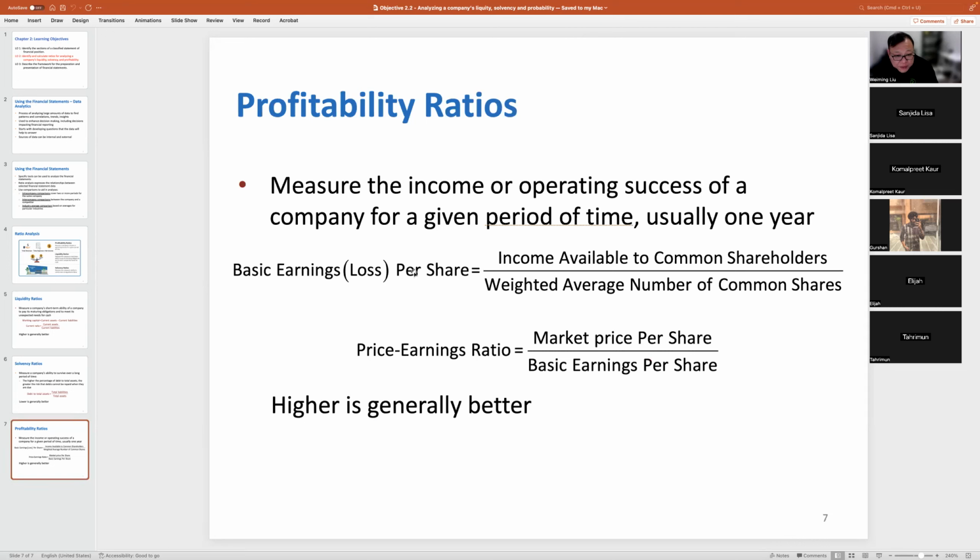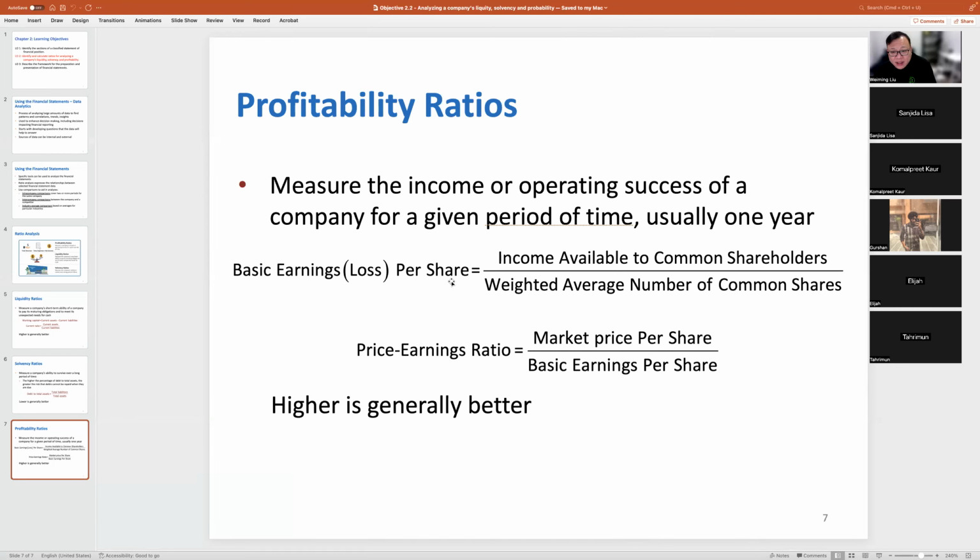So here we have two ratios. The first one is the basic earnings per share. Okay, basic earnings per share. So for each common share, how much earnings was made?